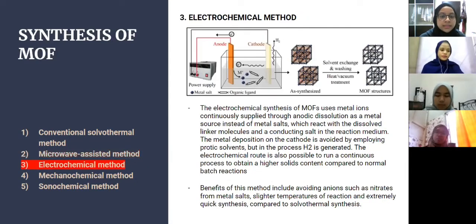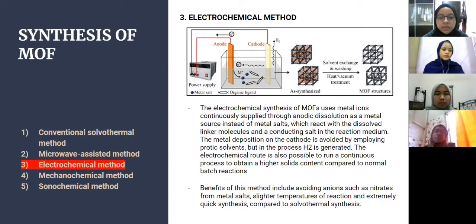Next is the electrochemical method. Electrochemical synthesis uses metal ions continuously supplied through anodic dissolution as a metal source, instead of using metal salts, which react with the dissolved linker molecules and conducting salts in the reaction medium. Metal deposition on the cathode is avoided by employing protic solvents, and in this process H2 is generated.